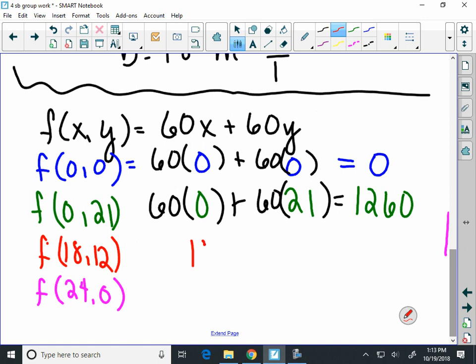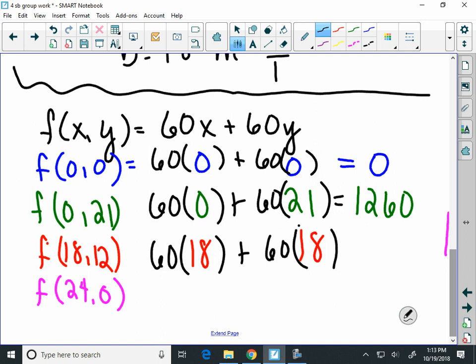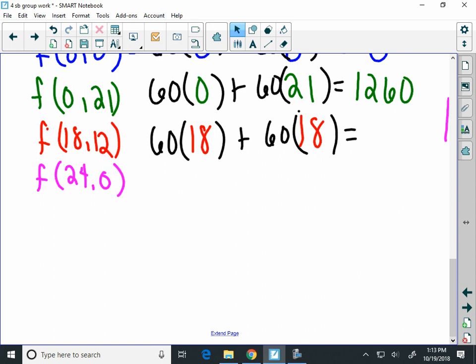We're going to put 18 in for x, and 12 in for y. And when we multiply these values and type it in our calculator, we end up with 1800.